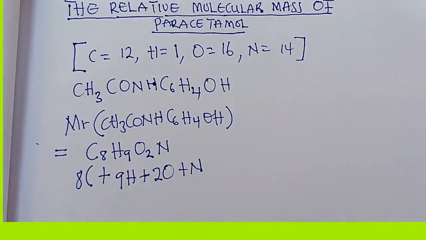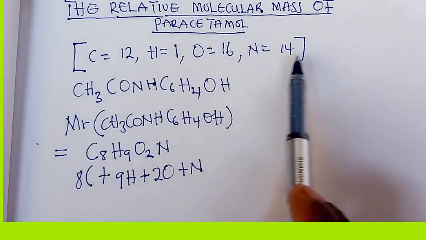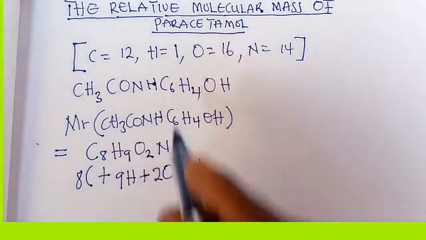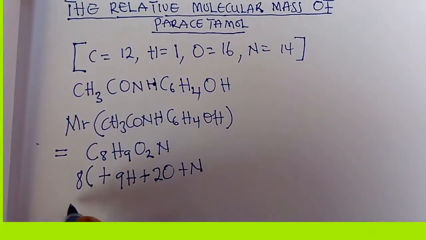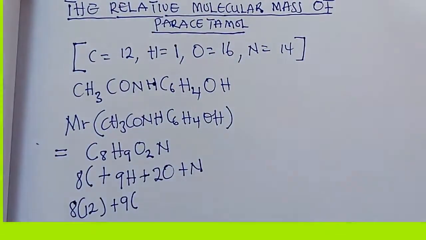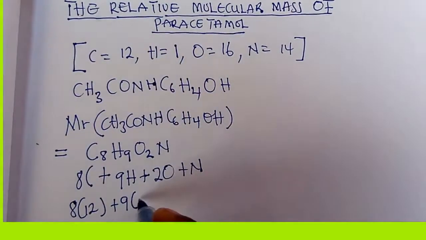Let's think about the relative atomic masses of the individual atoms in the compound. Carbon is 12, so we come in right here: 8 multiplied by 12, plus 9. What is the relative atomic mass of hydrogen? Just 1, we plug it here, plus 2.